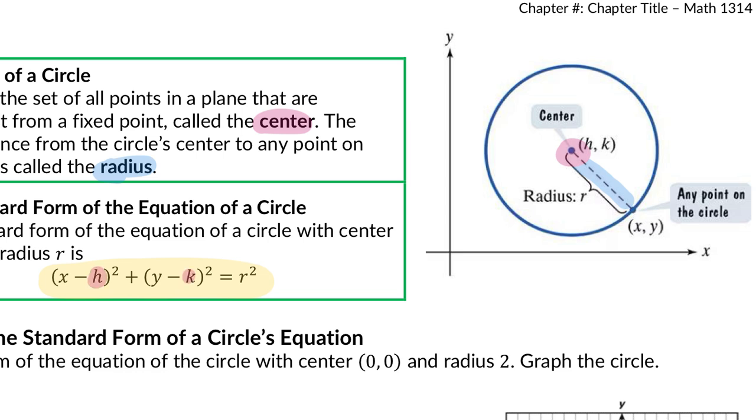So H and K are the coordinates of the center of your circle. What other letter is in this formula? R. And what is R standing for? The radius. So we need two pieces of information to write the standard form of a circle. We need the center of the circle, and we need the radius of that circle.